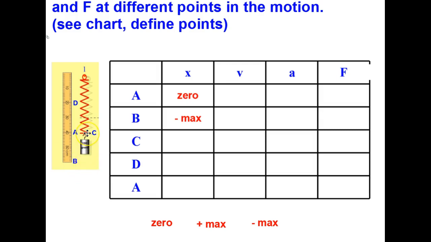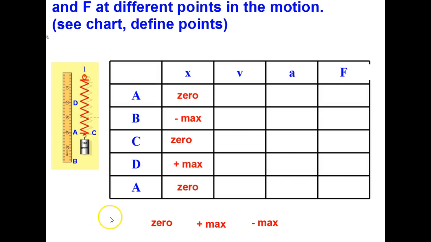Back up to point C. Point C has returned to the equilibrium position, so the displacement is again 0. Then we have D at the top of the oscillation, and here is where it's reached its positive max value. Then it returns to A again, where it is once again 0.